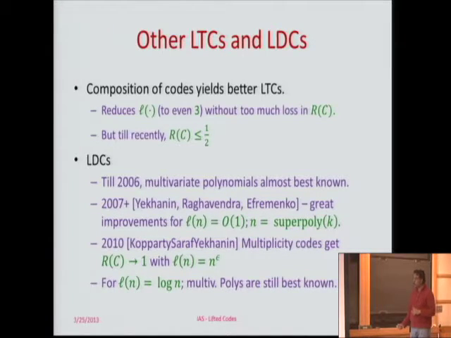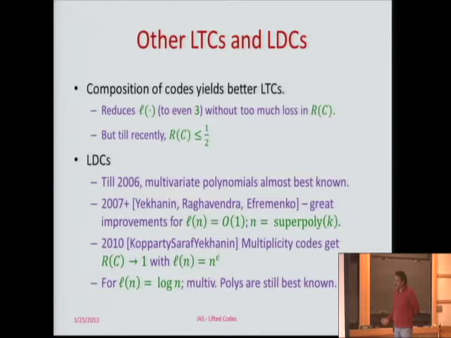These were the first codes to go beyond rate 1/2 with some locality. The mental picture I had of locality was that, given that every point is involved in some sort of redundancy, rates cannot be particularly high, and it was very surprising when this happened.